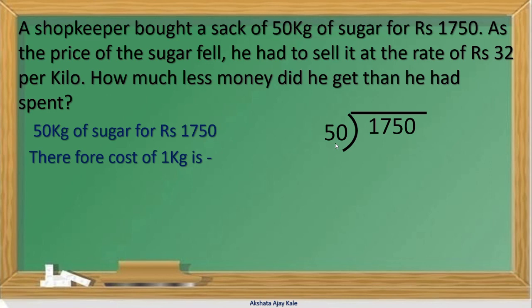Right? Now later on what happened? The rate fell down. So he has to sell the same sugar for rupees 32 per kilo. Right? Before that what we will do? We will find out the cost of 1 kg by this division.